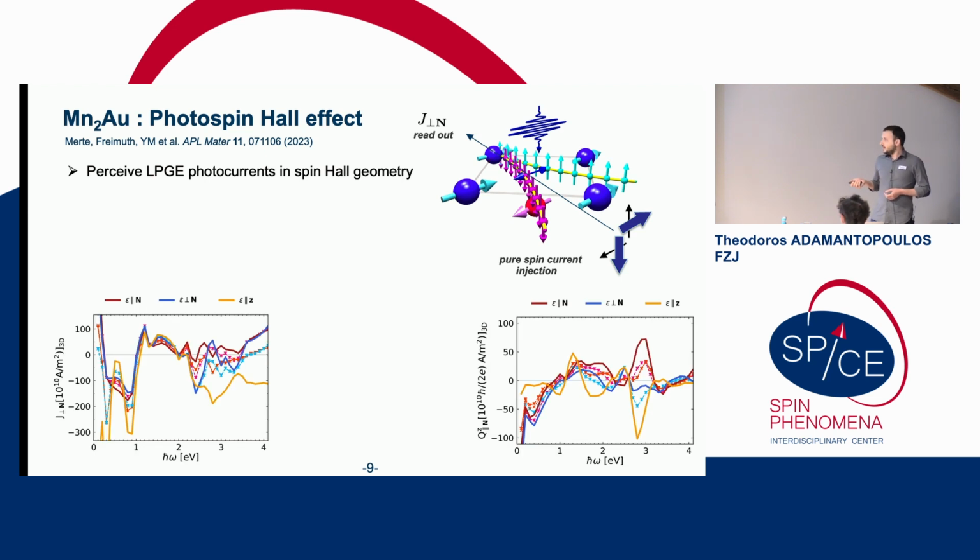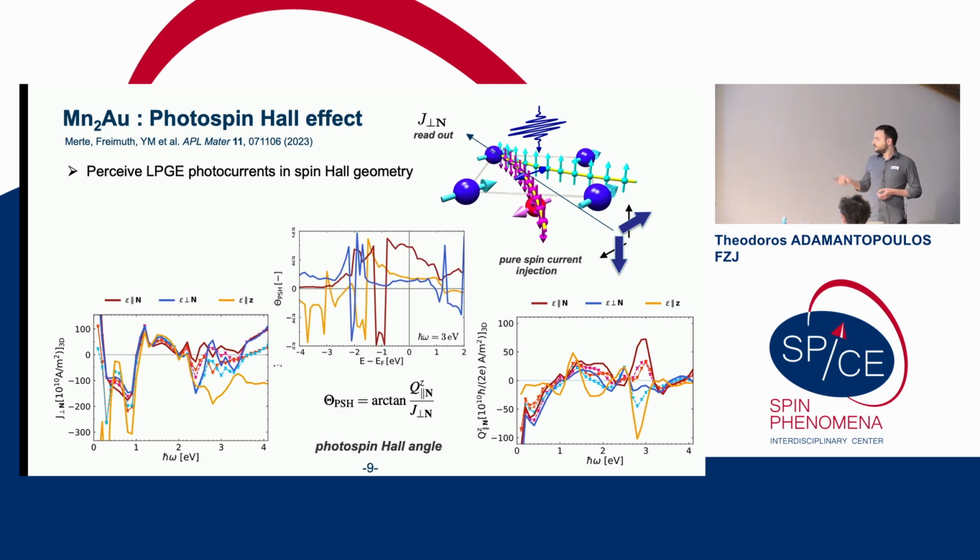Here, you can see on the left the charge current component, and on the right, the spin current component, the spin Hall type, parallel to the Néel vector, in relation to the laser frequency. They are both sizable, and they vary quite differently. And for this reason, I introduce the photospin Hall angle as the ratio of the spin to the charge photocurrents.